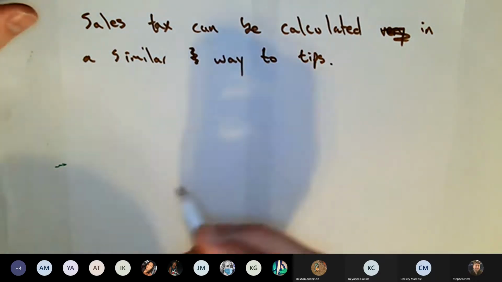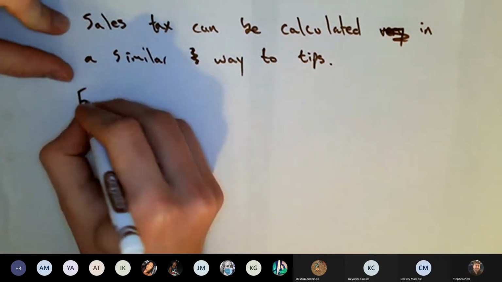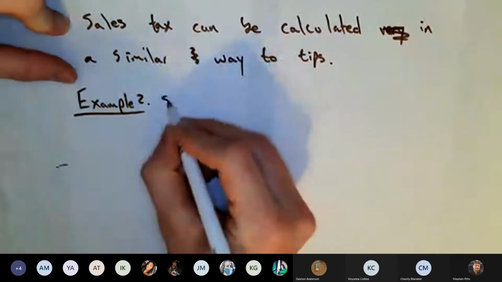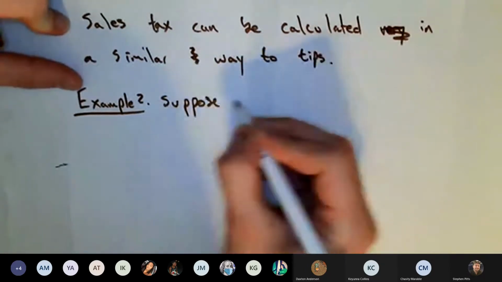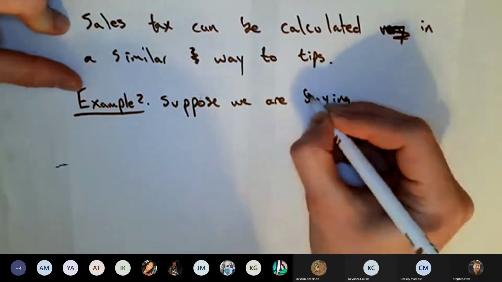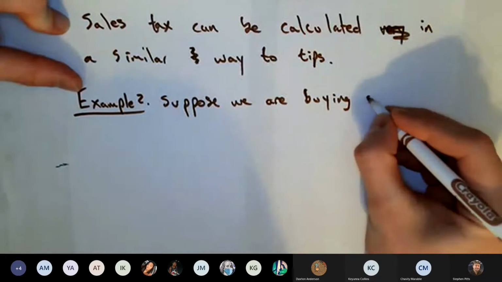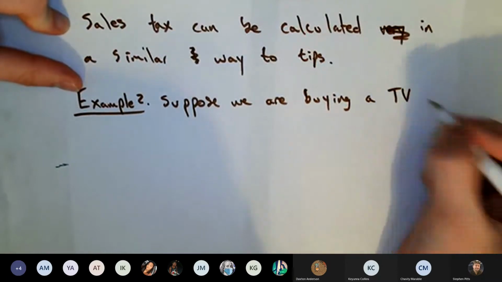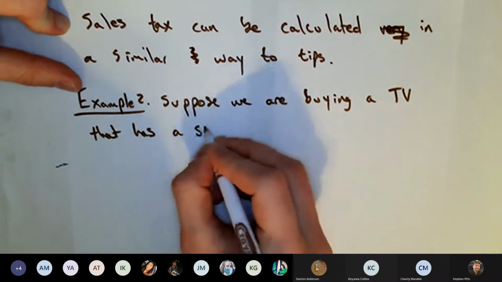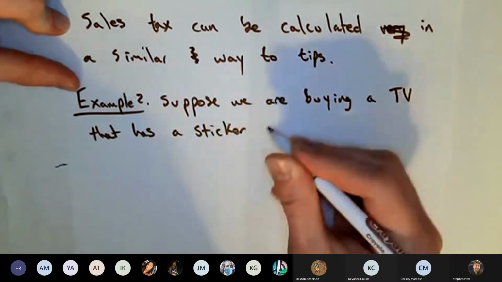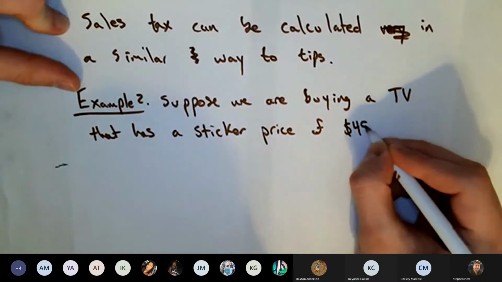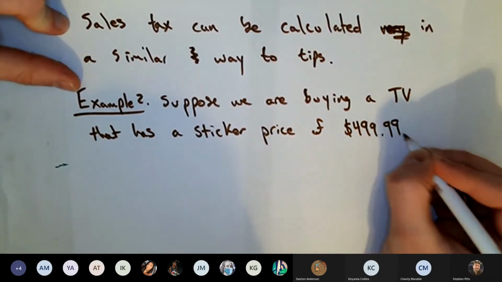So for instance, let's go straight into example 2, because the math is going to work out the same here. So suppose we're buying a TV that has a sticker price. So sticker price does not include tax, of course. A sticker price of $499.99.